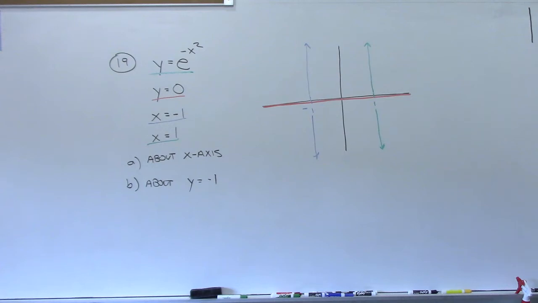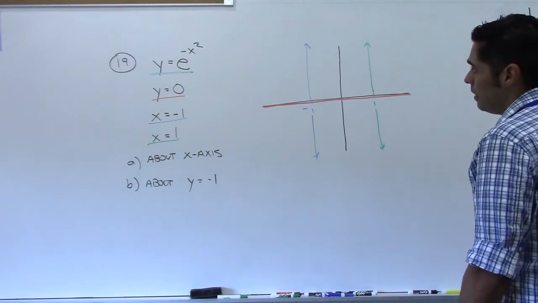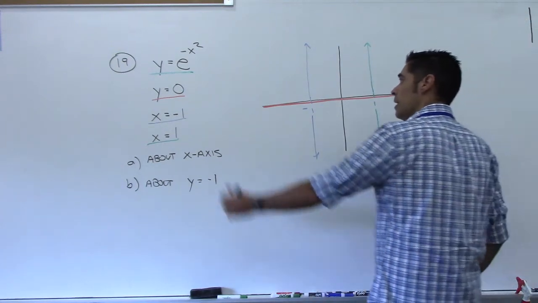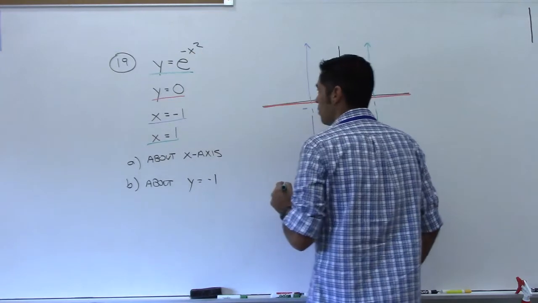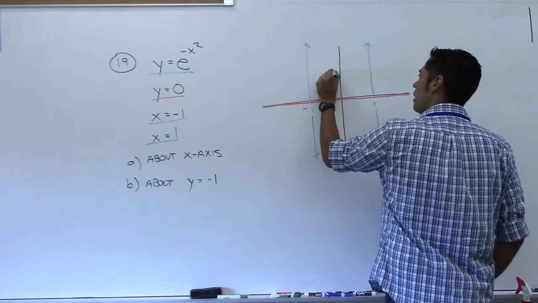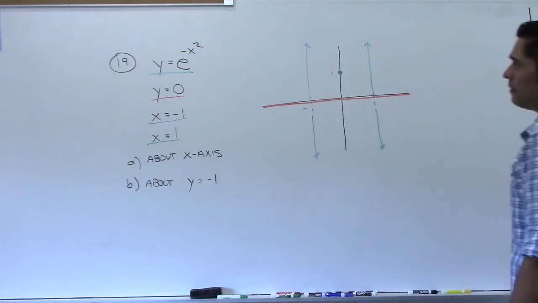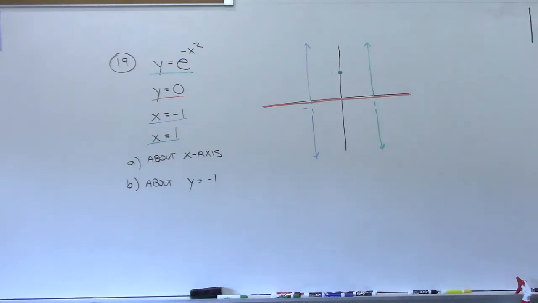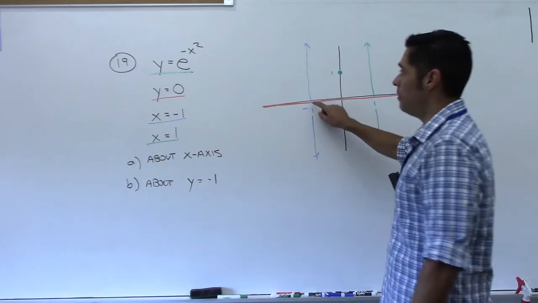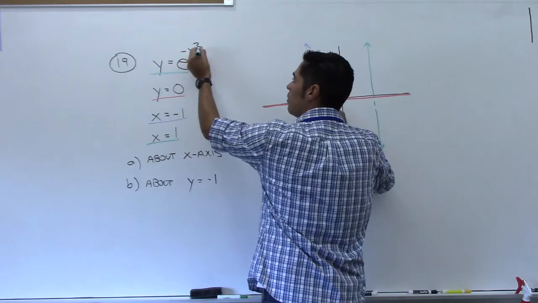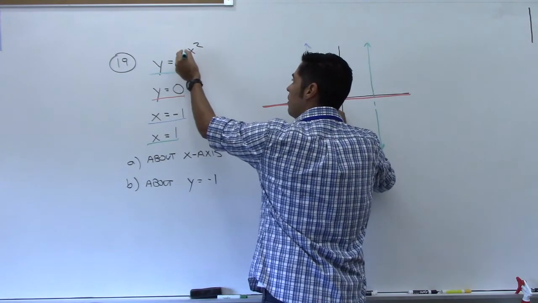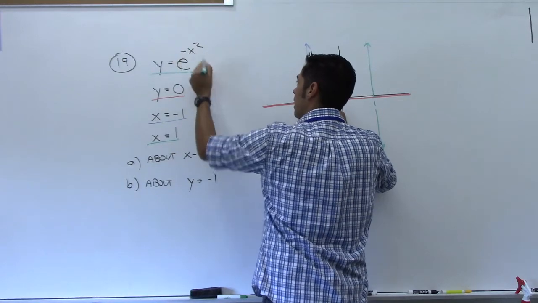So let's just plug in some points. If x is 0, you get e to the 0, which is 1. So I know at 0 I'm at 1. And then if I plug in, let's say negative 1. Let's just see where I am here. I plug in negative 1. Negative 1 squared is 1. Negative 1. So you get e to the negative 1.